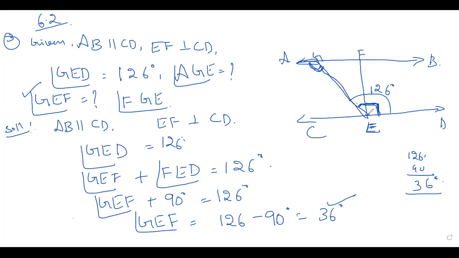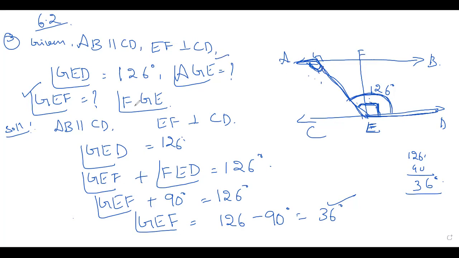Z shape angle, both are parallel lines. Z shape angles means alternate angles are equal, right? AGE is equal to the E angle. How much is it? See, this is 126. So angle G is also 126, right? So easily you get the answer. G is equal to 126 because both are alternate angles.